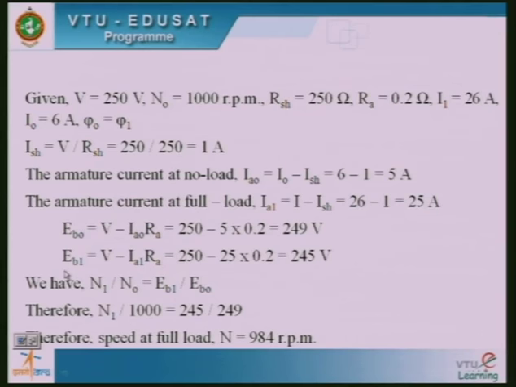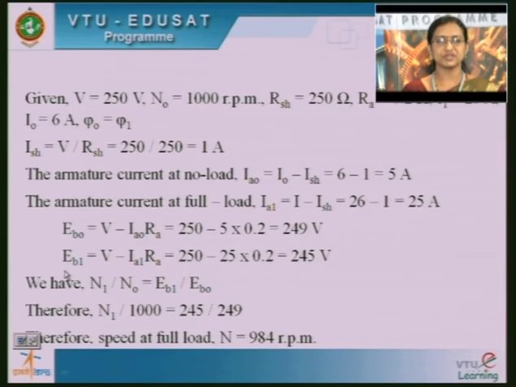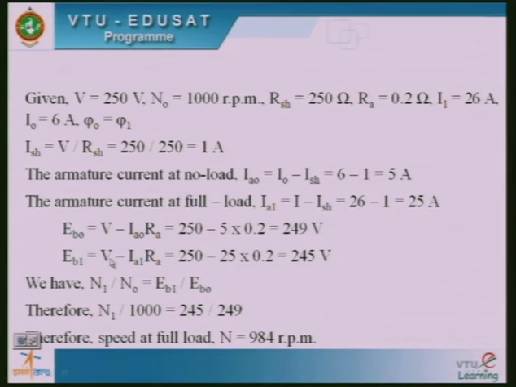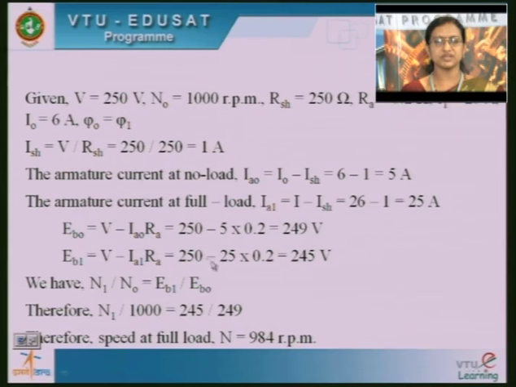Similarly, you calculate the back EMF under full load condition. EB1 is equal to V minus IA1 RA. IA1 is the armature current at full load multiplied with the armature resistance, and subtract this value from the supply voltage of 250 volt, we are getting 245 volt.